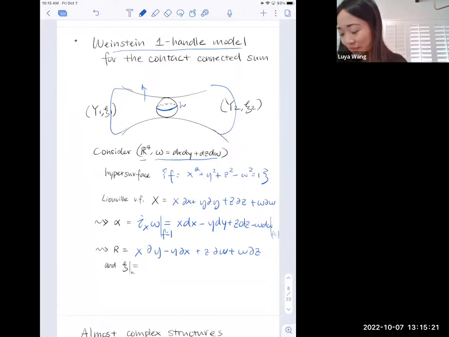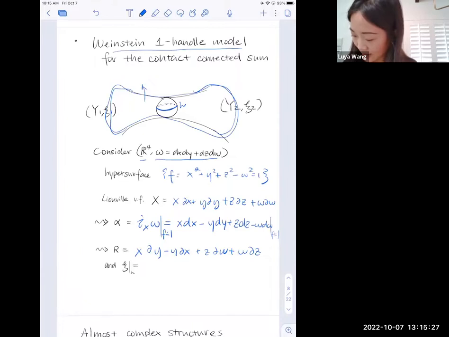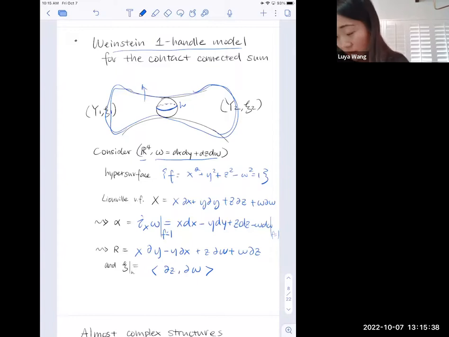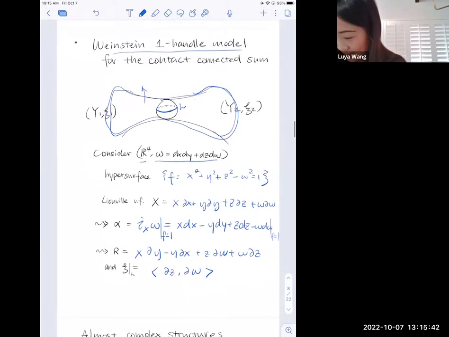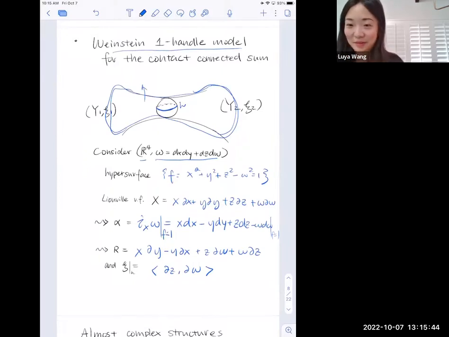I'll denote it as H, in this connected sum region. And if you look at the contact structure restricted to this H, it's just partial z, partial w, and this is actually the trivialization I will pick over this orbit, which is very convenient. Okay. Maybe this is also a little fast. Are there questions regarding this model?